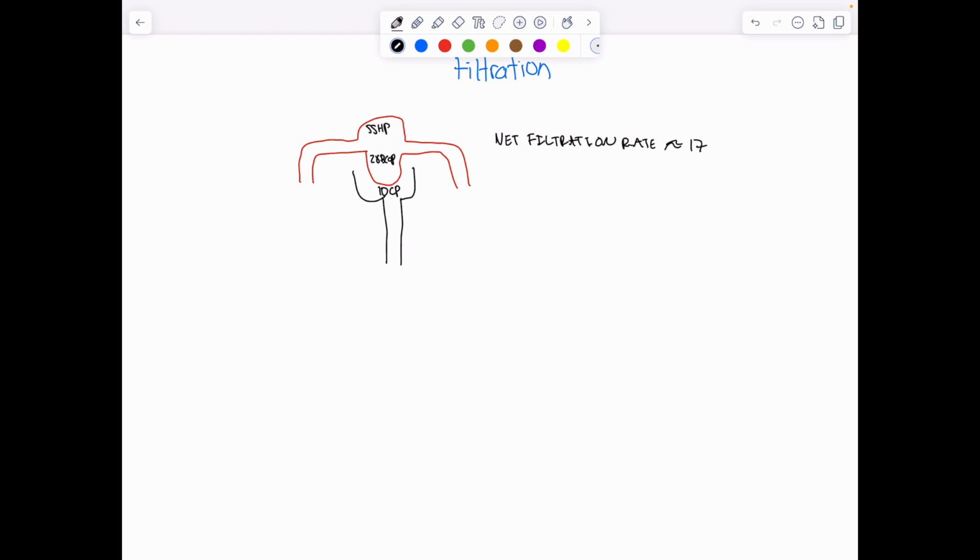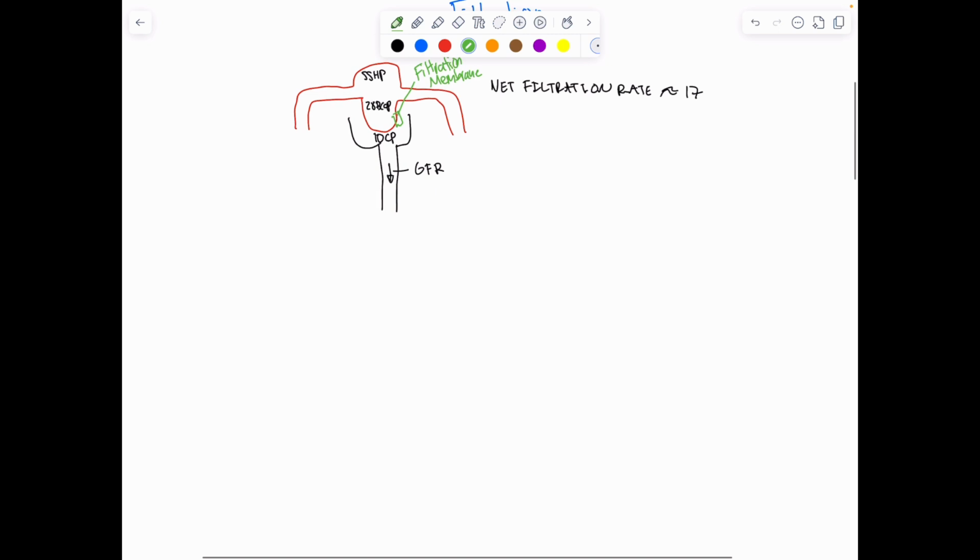And then this portion right in here is what we call our GFR, or our glomerular filtration rate. And one thing I should point out is right here is our filtration membrane.